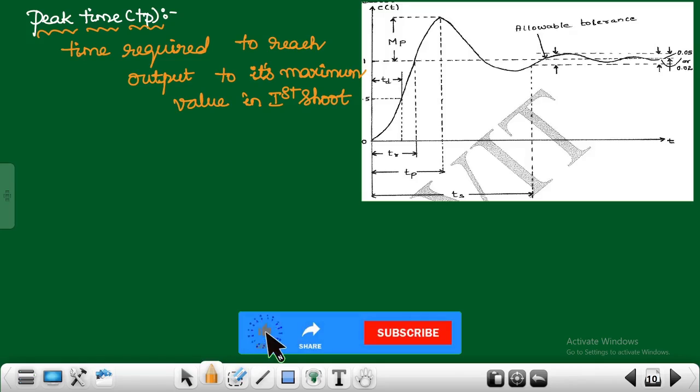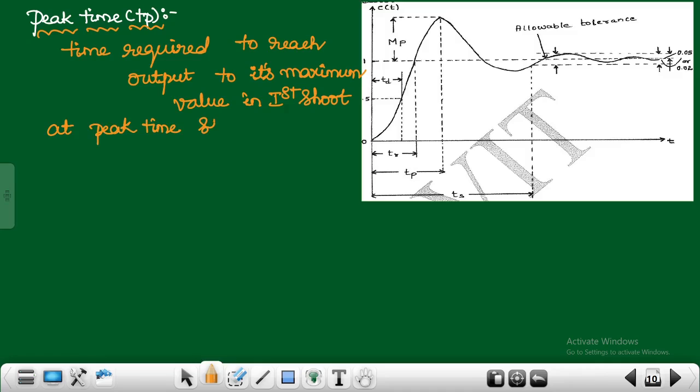At peak time, one more important thing is that the slope of the output is equal to 0. So the slope of the output will be 0.